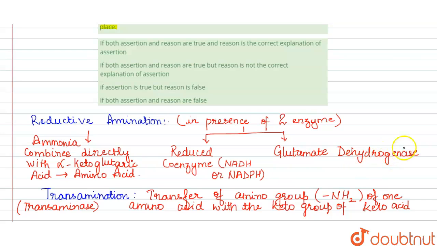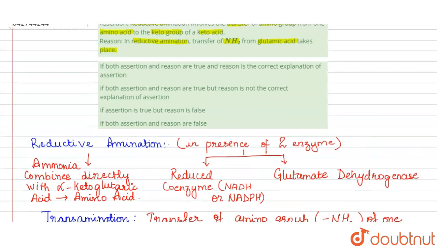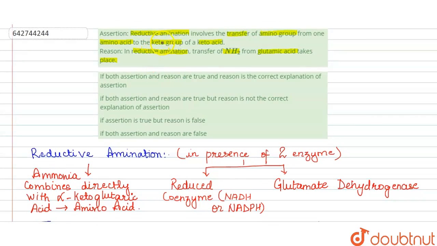Now the statement of assertion and reason was saying what? In reductive amination, it involves the transfer of amino group from one amino acid to the keto group of keto acid. And in the reductive amination, there is transfer of amino group from glutamic acid.